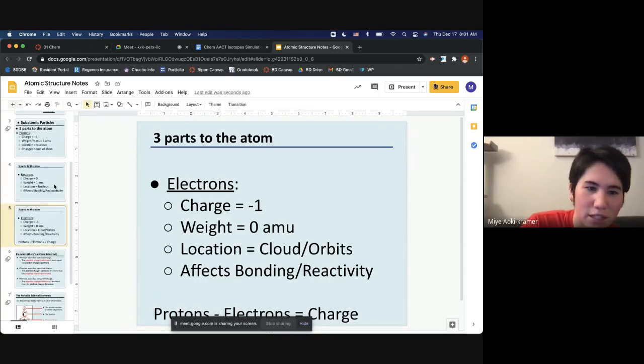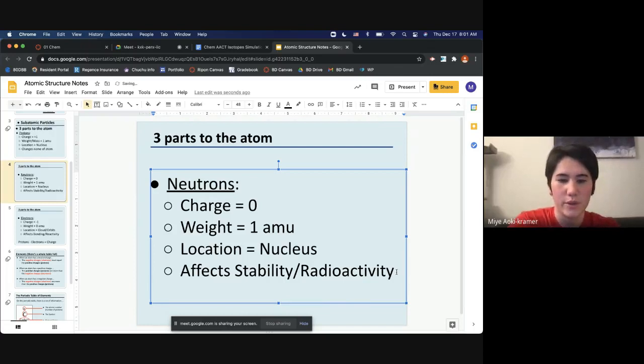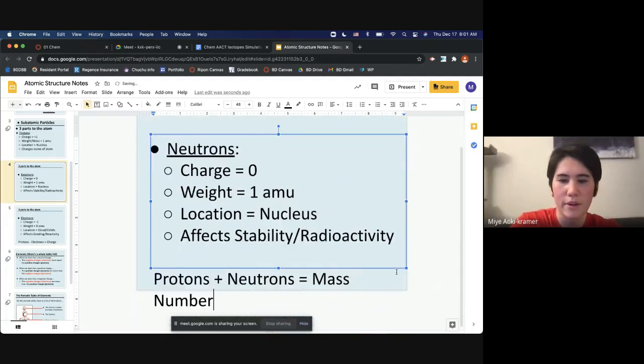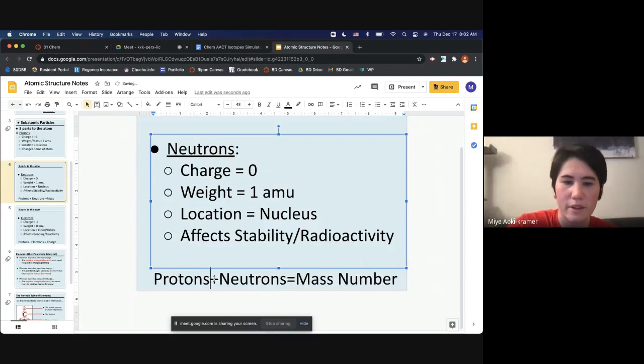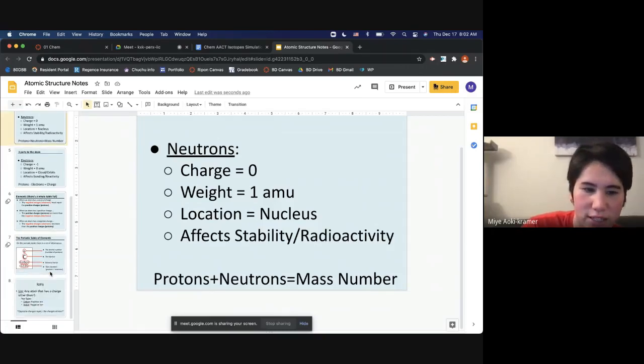And then to determine the atomic mass, we're going to do protons plus neutrons equals mass number. So that's how we're going to be calculating these things.